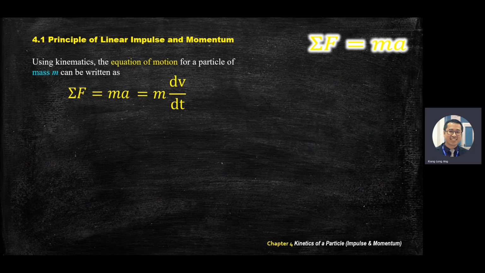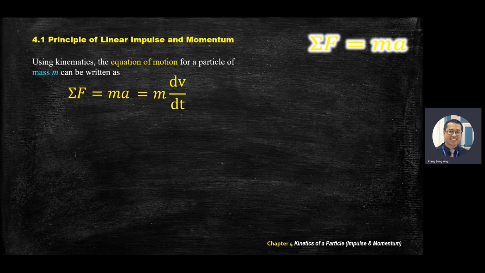Same as you learned in chapter 3: the principle of work and energy means the left-hand side is work, the right-hand side is energy. You can flip the sides, no problem, but you only deal with two things. Here, you only deal with impulse and momentum.